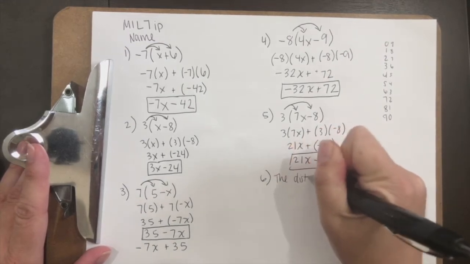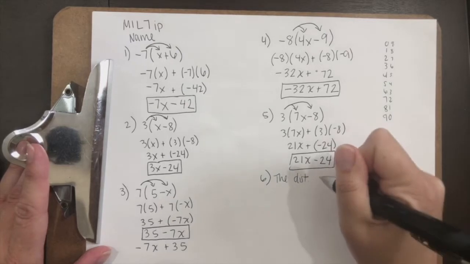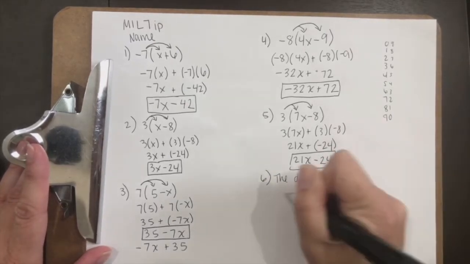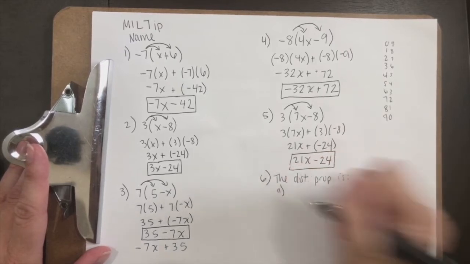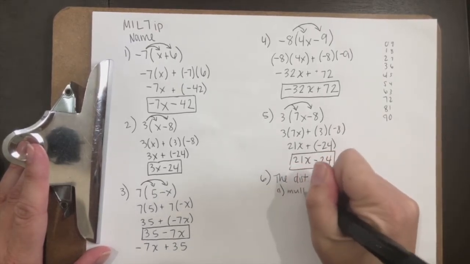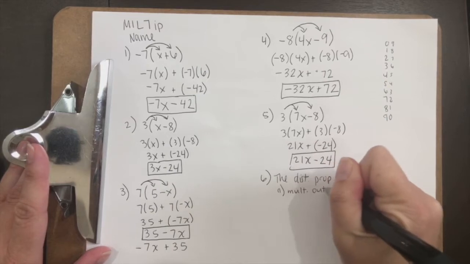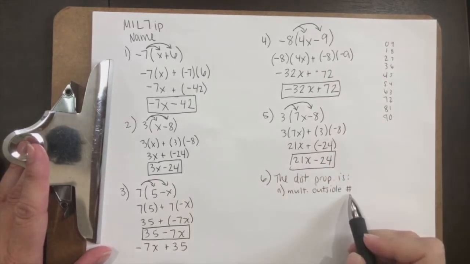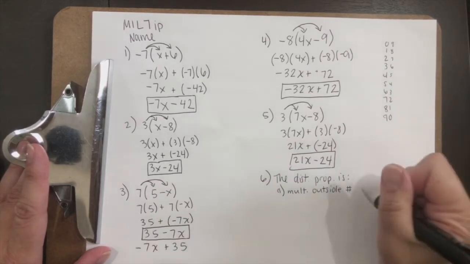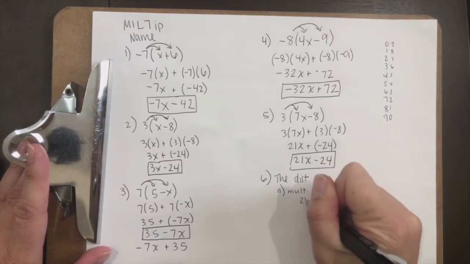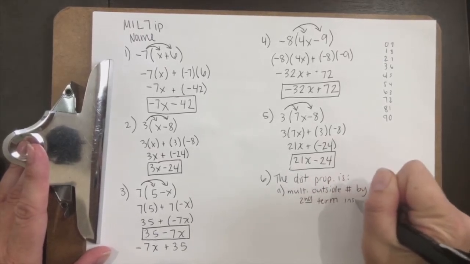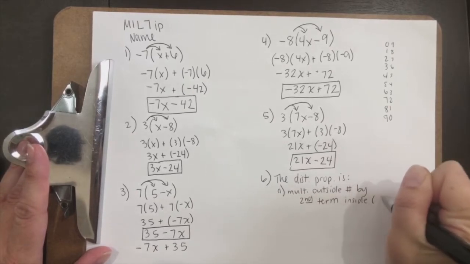The distributive property, I'm just going to put dist prop, is A, where you multiply outside number by second term inside parentheses.